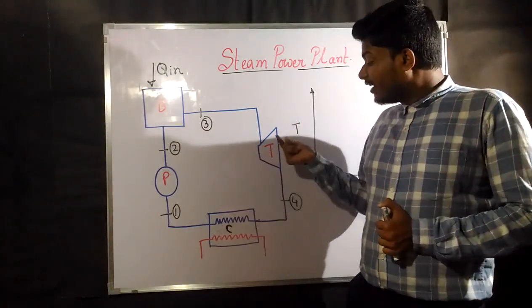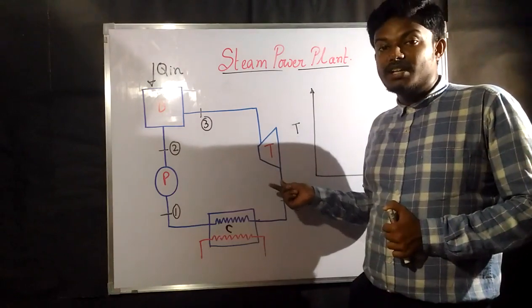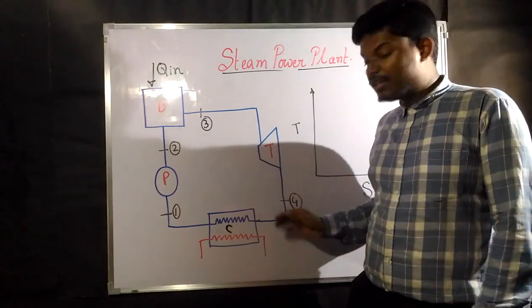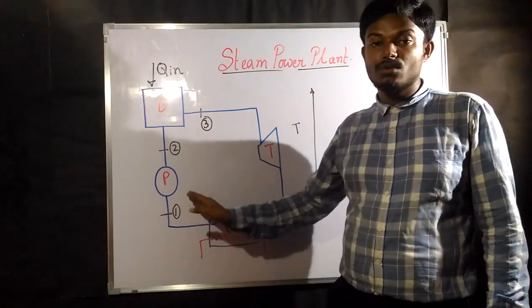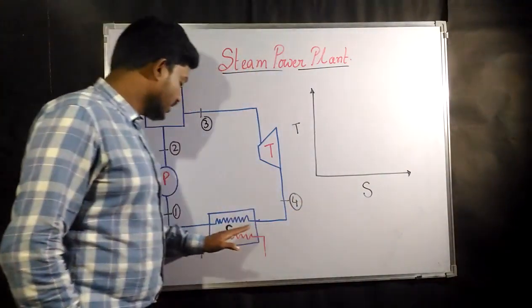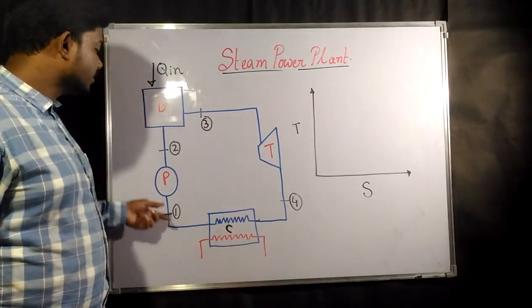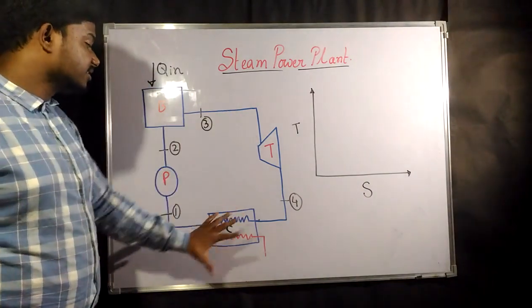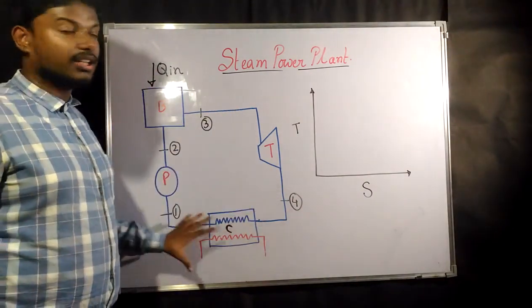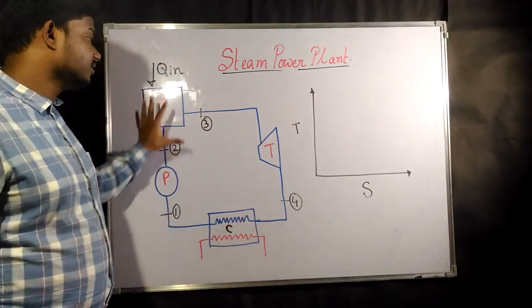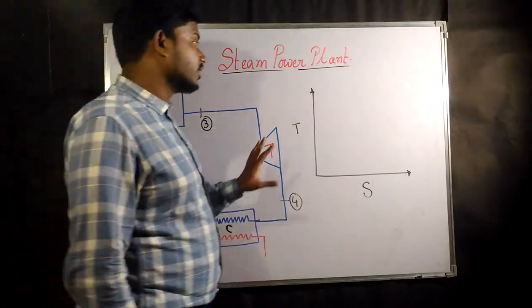And if it is mentioned that the products coming out of the turbine are completely vapor, then also that vapor is going to get converted into water in the condenser. After the condenser, whatever water comes out is again pumped by the pump. This is how the complete cycle works in a steam power plant, with the changes of phase in different places. This is how the steam turbine works.